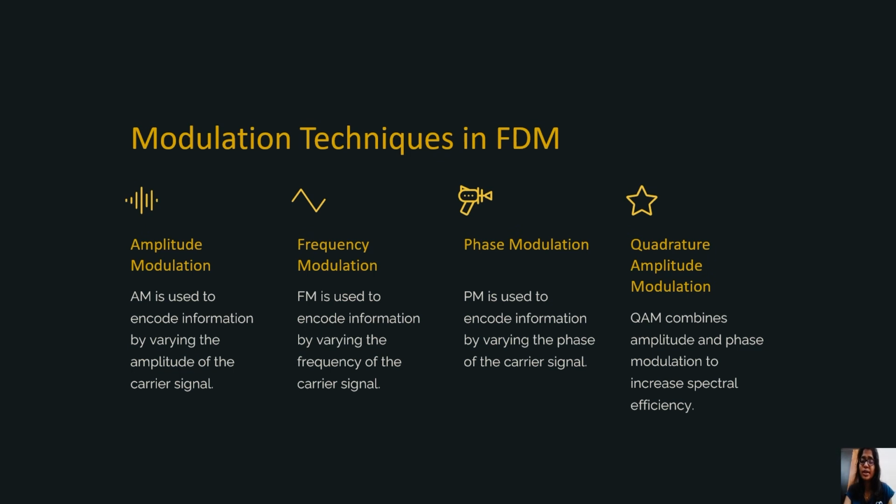Third one, phase modulation, is used to encode information by varying the phase of the carrier signal. Fourth one is QAM, which combines amplitude and phase modulation to increase efficiency.